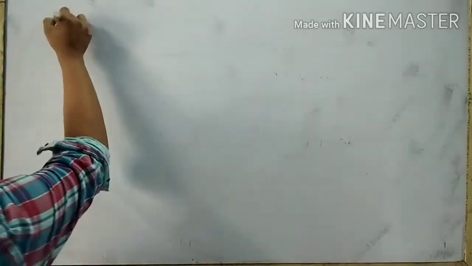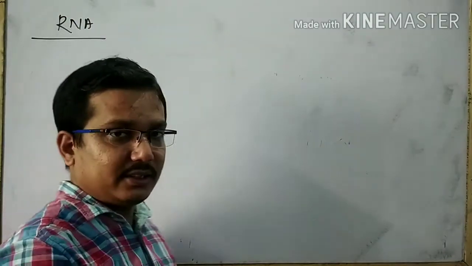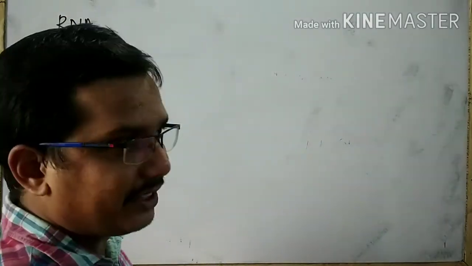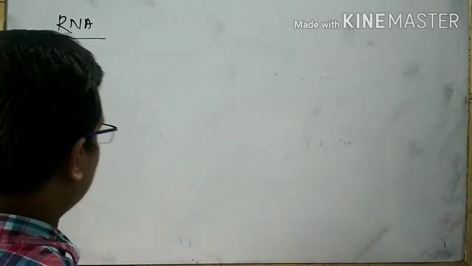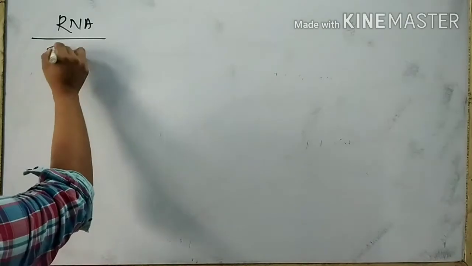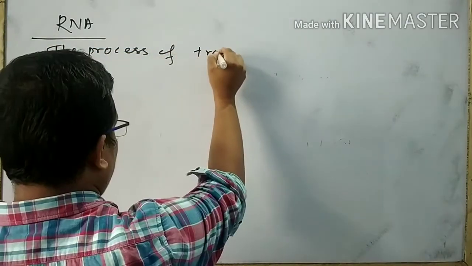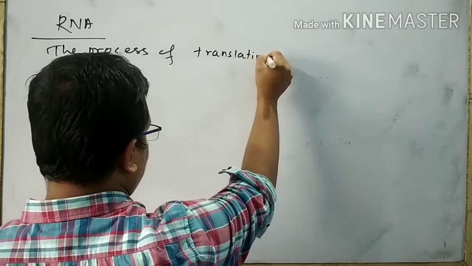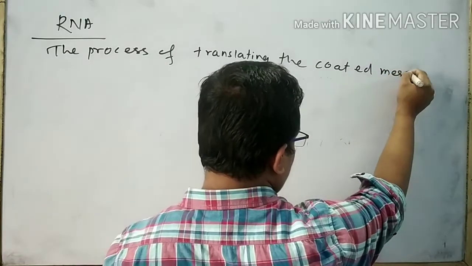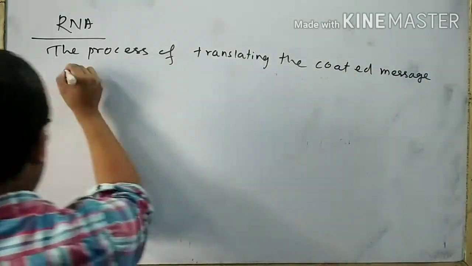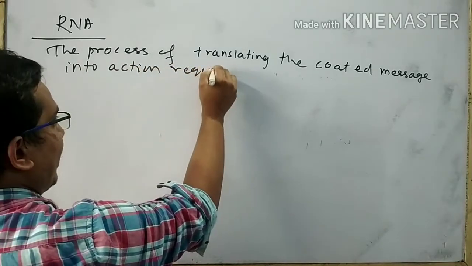Next I will discuss the RNA. RNA is used to decode the message and convert it into protein. So we can write: the process of translating the coded message into protein requires RNA.